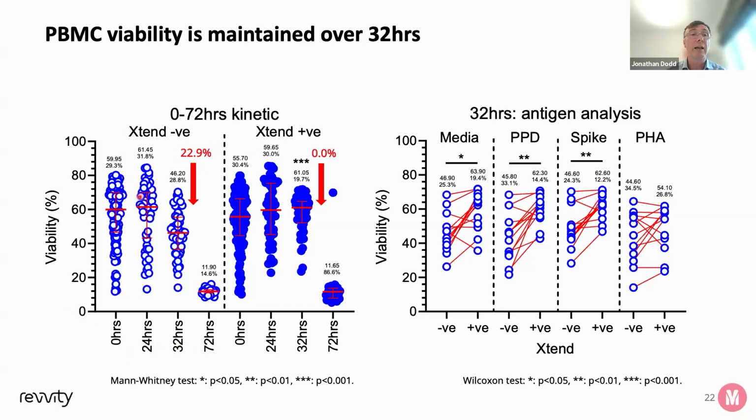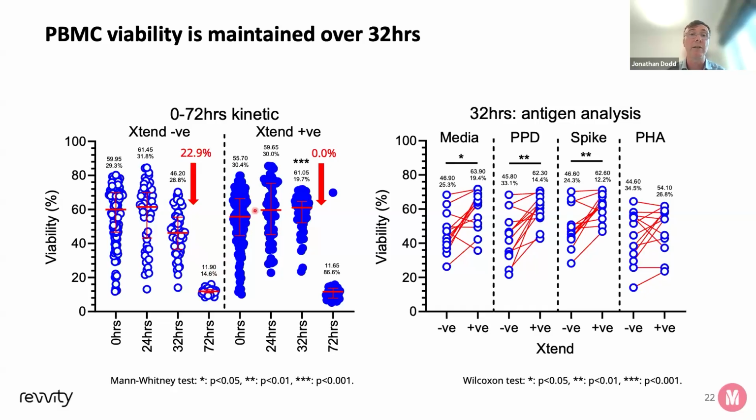As you can see, the viability of freshly isolated cells at the end of the culture was approximately 60%, and this was maintained in samples where processing was delayed for 24 hours. We then saw an approximate 23% reduction in viability with cells used after 32 hours, and if the cells were left until 72 hours, the viability collapsed.